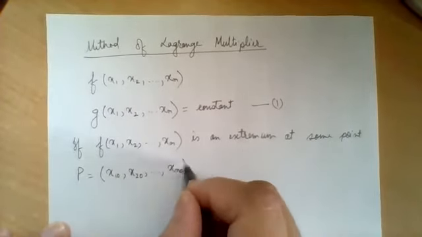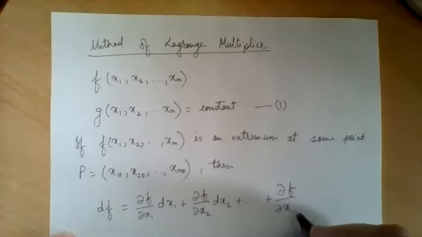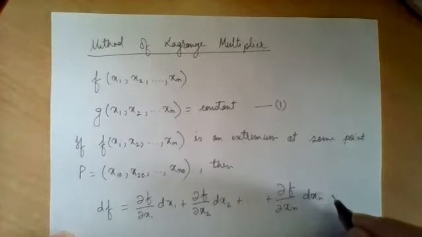Then df, which is equal to del f by del x1 dx1 plus del f by del x2 dx2 and so on till del f by del xn dxn, equals 0. If the function has an extremum value at the point, then this total differential of f is 0 at that point.